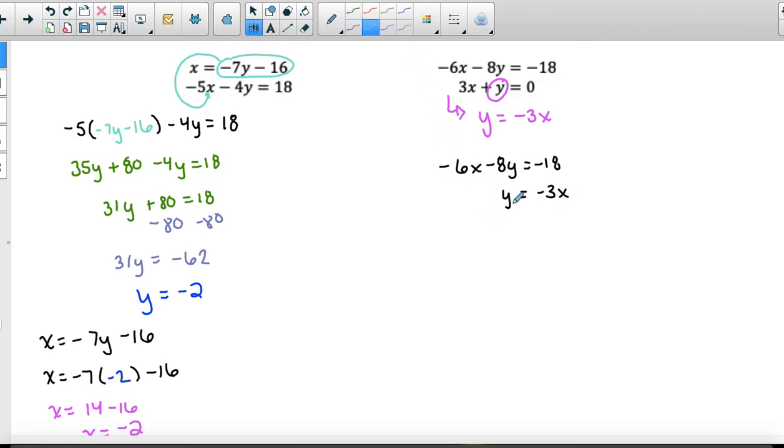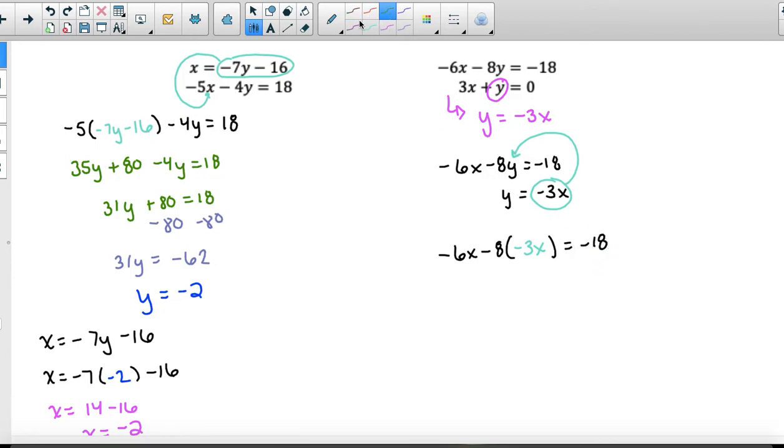Since we have one of the variables by itself, we're going to take this expression. This expression is equal to y, so we'll put it into the other y. We'll rewrite this. So the top equation is the one that I have to focus on now. We have negative 6x minus 8 times the negative 3x, because that is what we have substituted into it, equals negative 18.